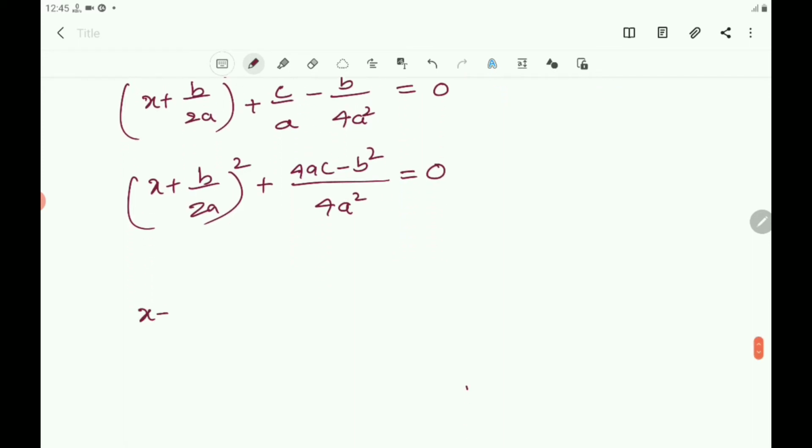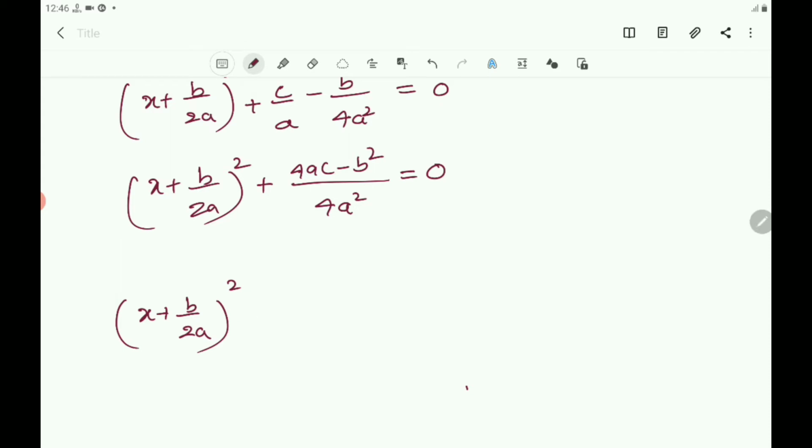Then x plus b by 2a whole square plus 4ac minus b square by 4a square. Here you transfer the term 4ac minus b square by 4a square to the other side.